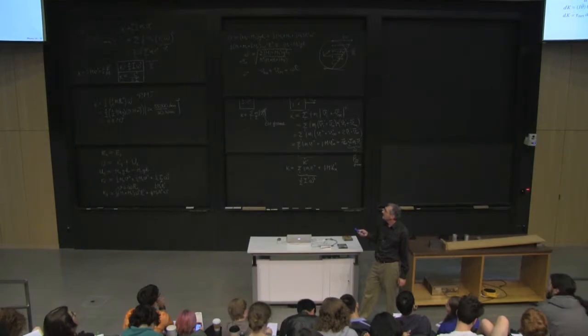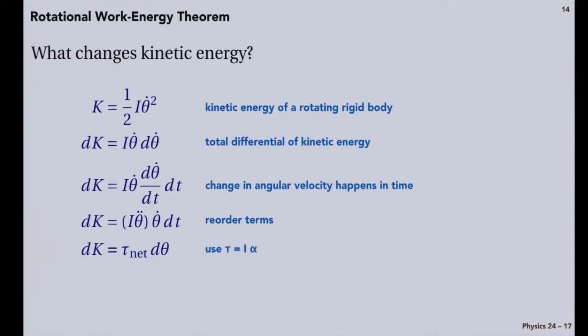And if I take the differential, the only variable is theta dot, so a little bit of a change in the kinetic energy can come about because we changed the angular velocity, theta dot. The 2 went away because that's the way derivatives work.